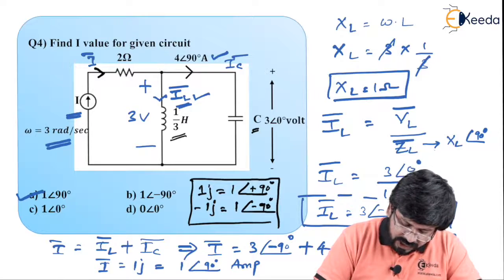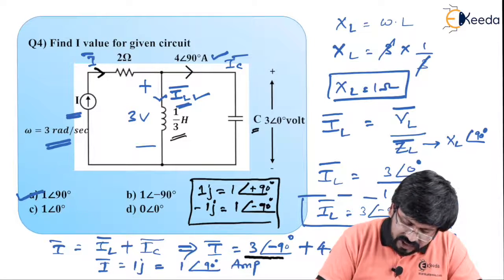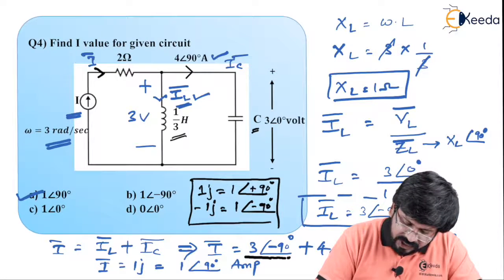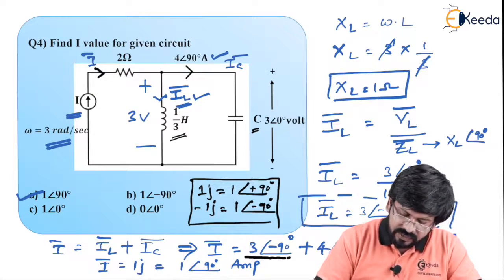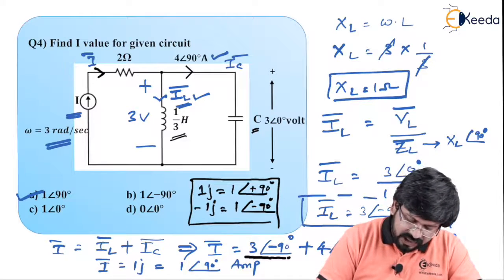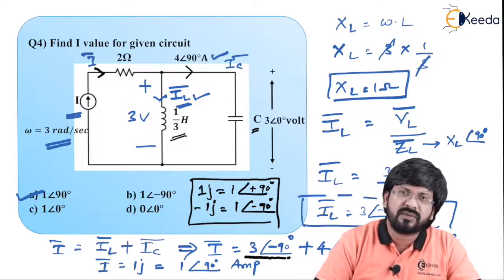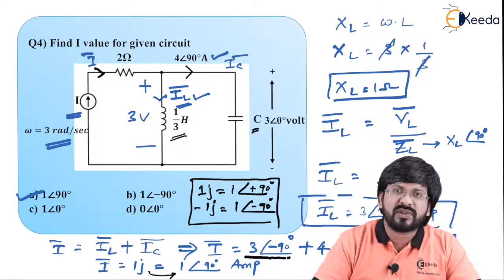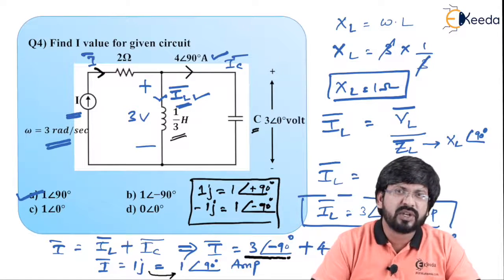Similar way, I can represent 3 at an angle of minus 90 degree as minus 3j, whereas 4 at an angle of positive 90 degree as positive 4j. So 4j minus 3j becomes positive j, and 1j is nothing but 1 at an angle of 90 degree. The reason why we have converted back into polar values is because options were given in polar values. So you have to adapt yourself according to the options given.